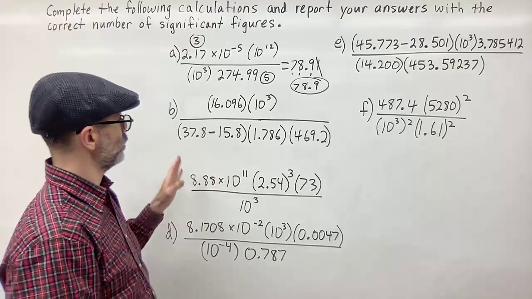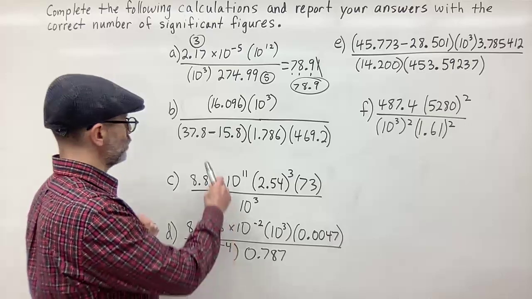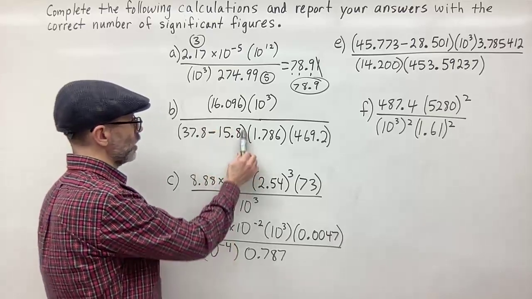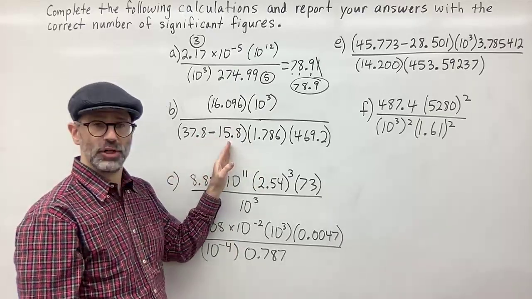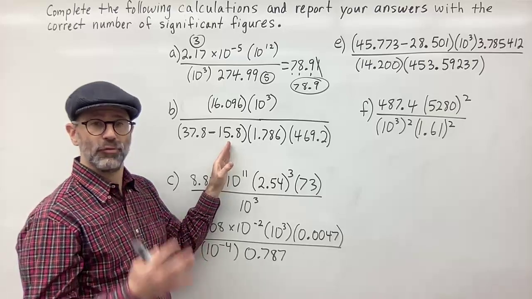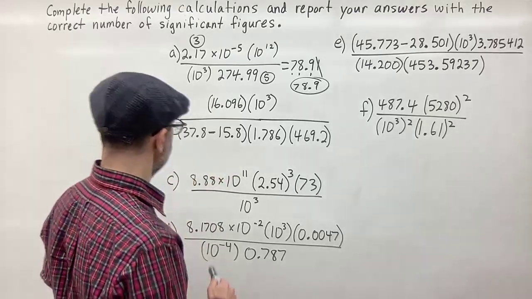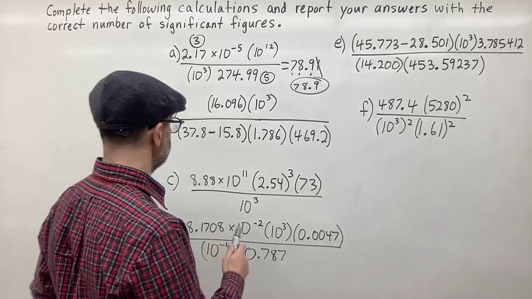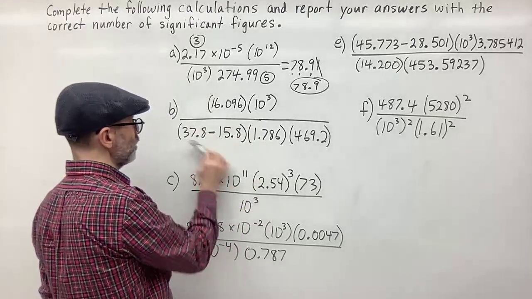And the order of operations is that you do what's in parentheses. And so here we have this in parentheses, and we're going to do the subtraction first. In this case, because this is in parentheses, we're going to do this.